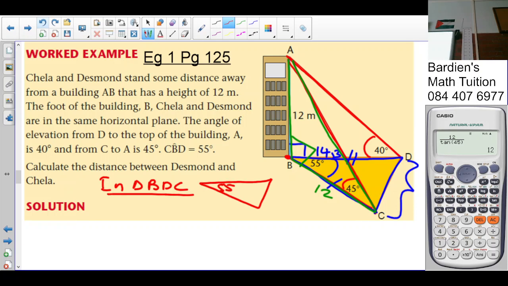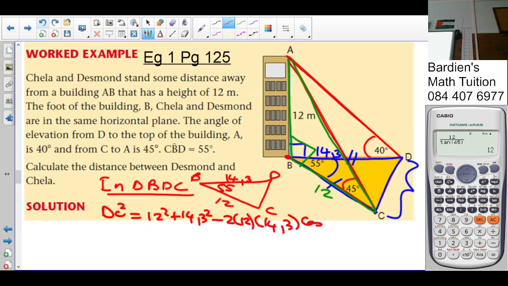That is 55 degrees at angle BDC. That is 12 and 14.3, two lengths and included angle, the cos rule. So DC squared is equal to 12 squared plus 14.3 squared minus 2 times 12 times 14.3 cos of angle 55.